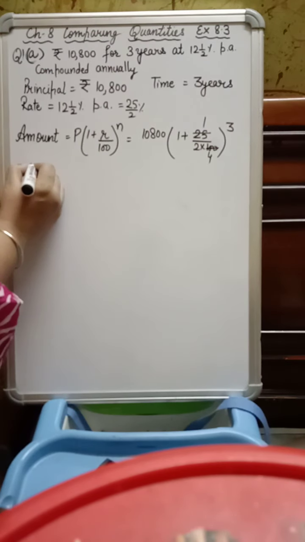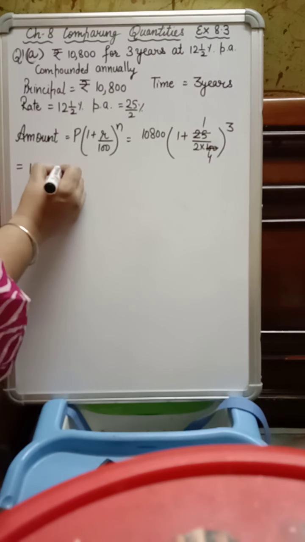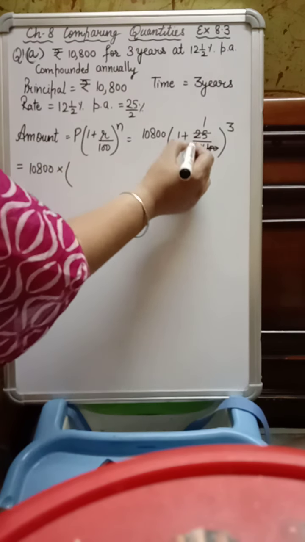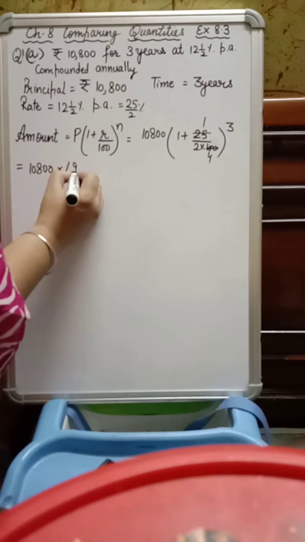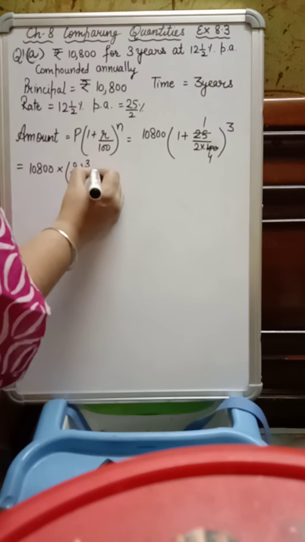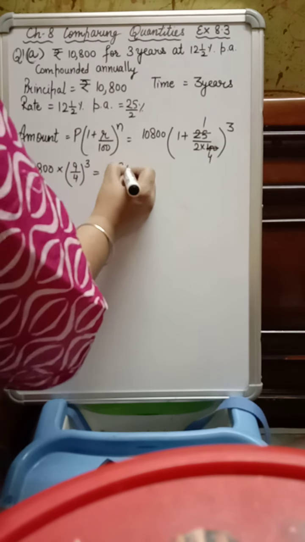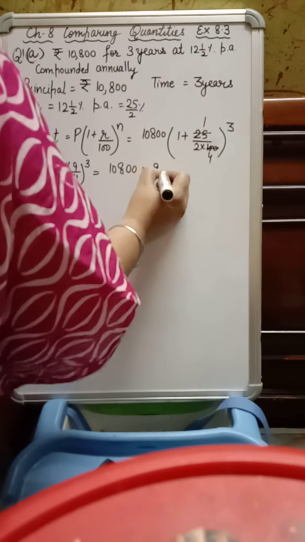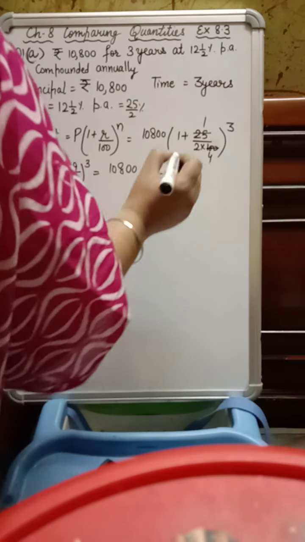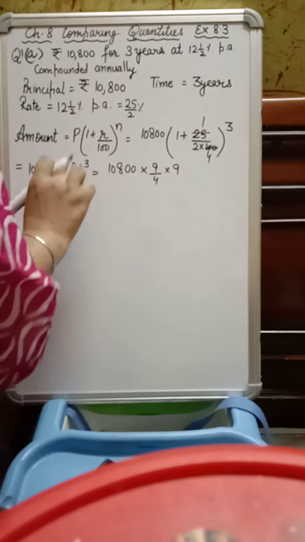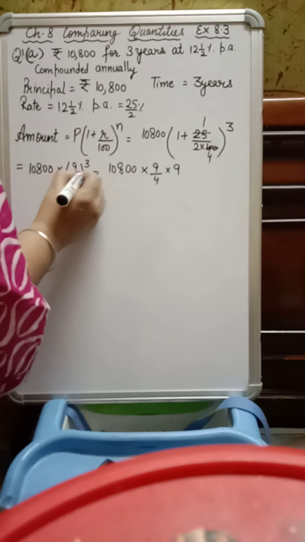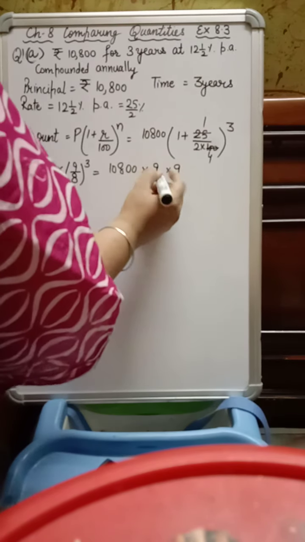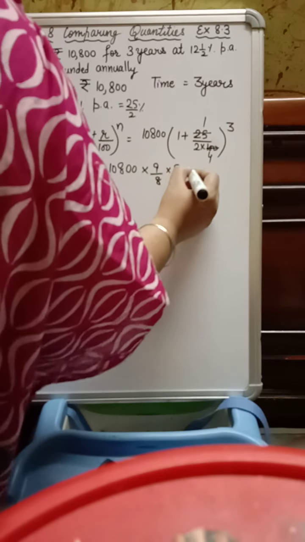25 fours are 100. So this comes out to be 10,800 into (1 + 1 by 8) to the power 3. This comes out to be 9 by 8 raised to 3. So this is 10,800 into 9 by 8 into 9 by 8 into 9 by 8.